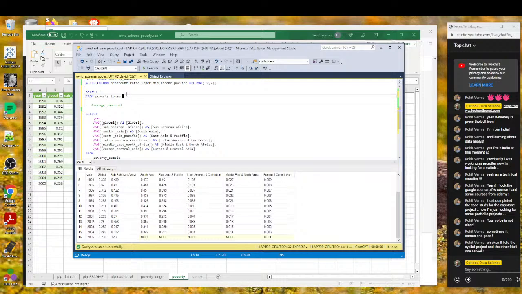Another one, if you're interested in economic data, you can look for FRED, Fred.gov. It's a Federal Reserve economic data site.